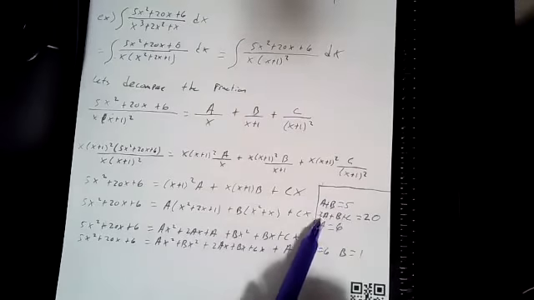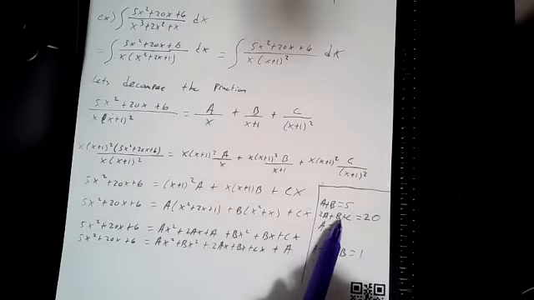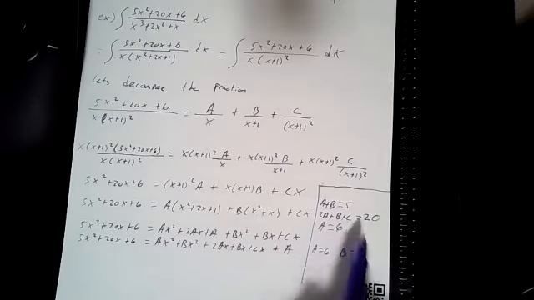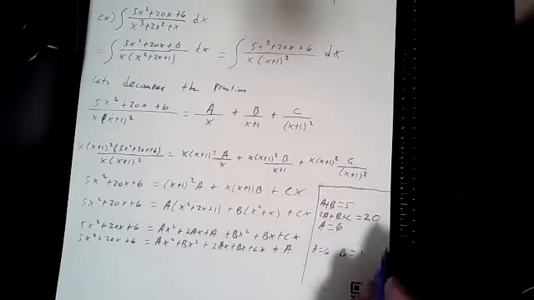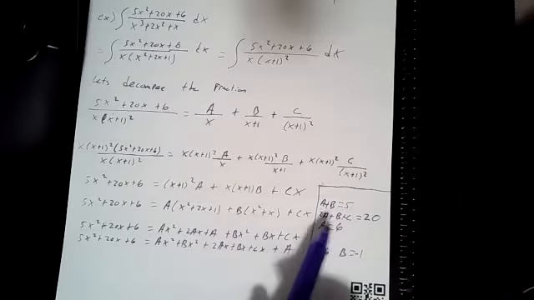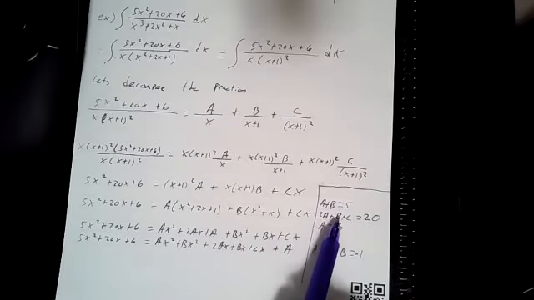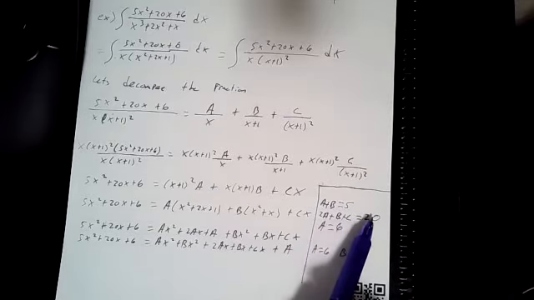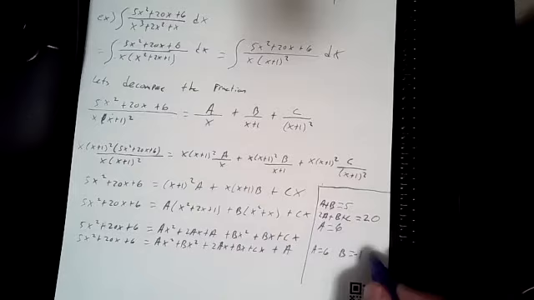So what is c? 2 times 6 is 12, minus 1 is 11. So c would be 9, right?